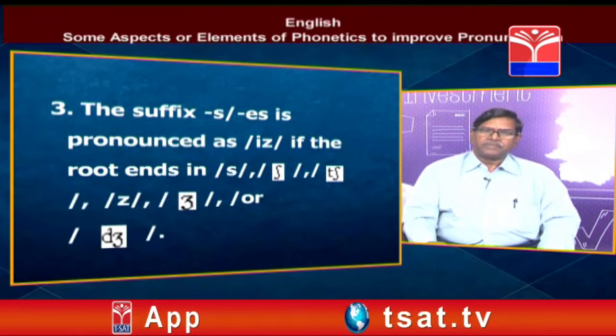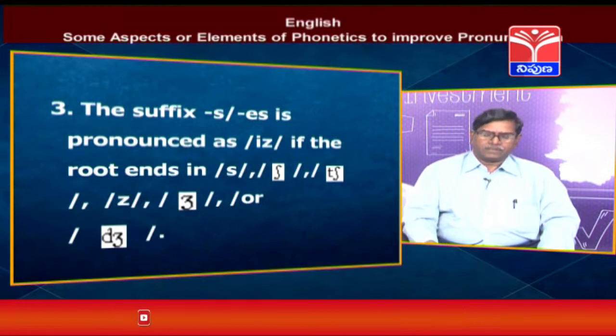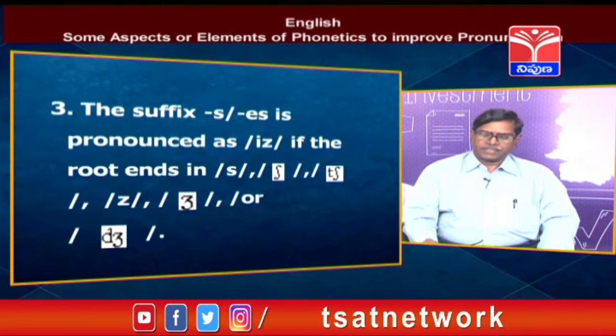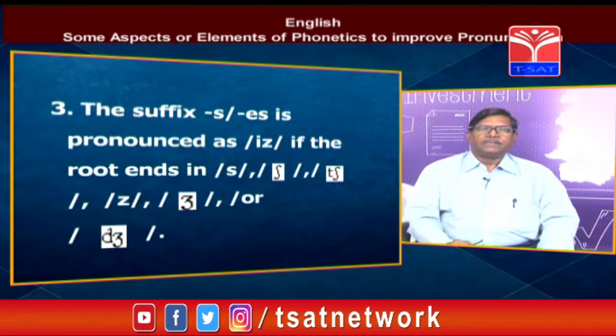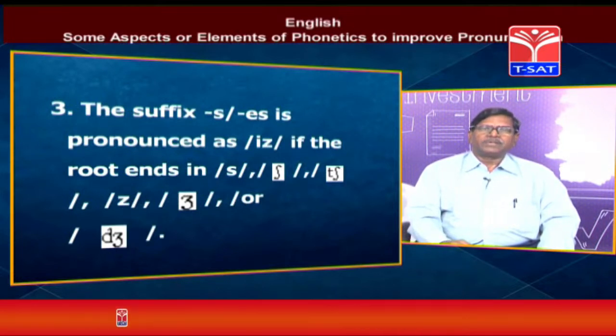If the root ends with either s, sh, ch or z, zh, j, then in such case the plural marker is pronounced as iz.